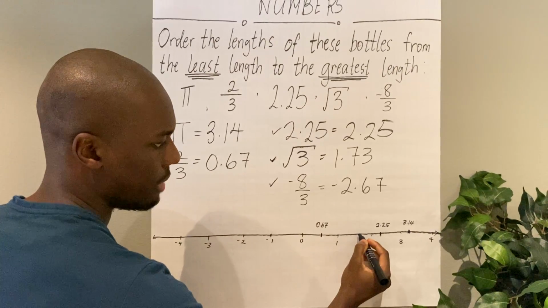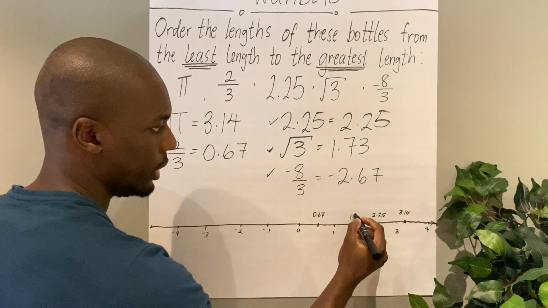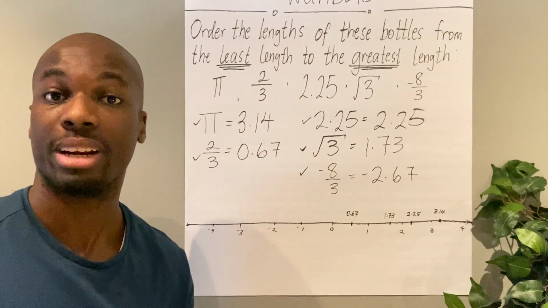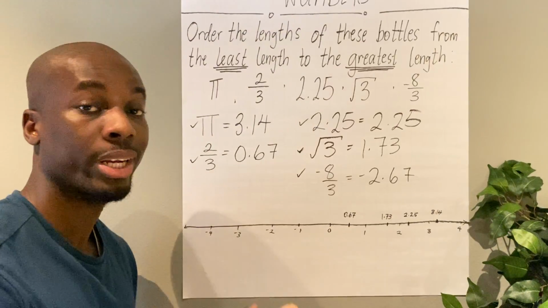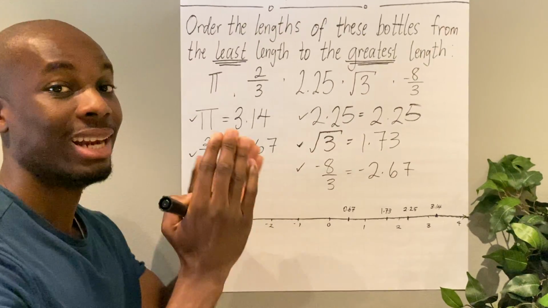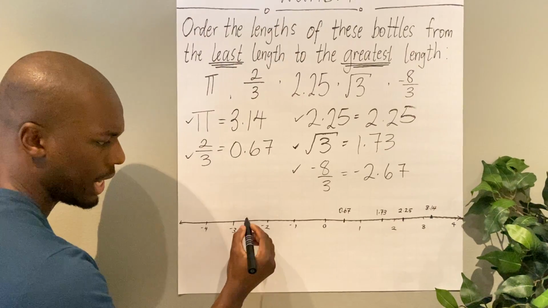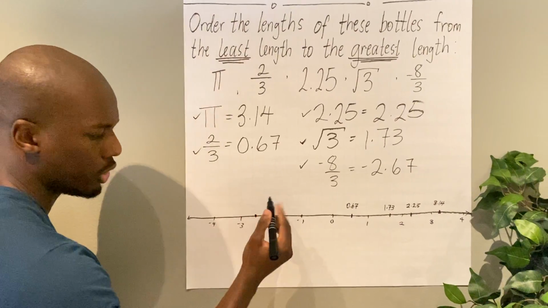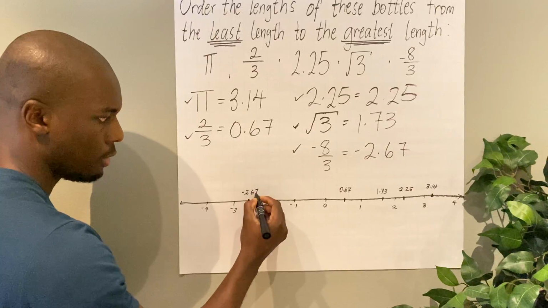So 1.73 would be somewhere here. 1.73. And then my last number, which is a negative number, will be -2.67, a number between -2 and -3, right? So it's going to be somewhere here. And -2.67 is a little closer to -3. So that would be this right here.